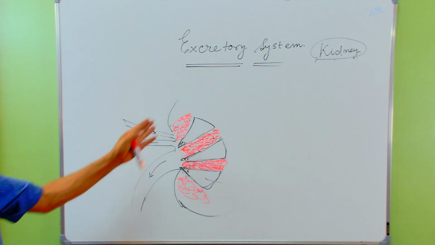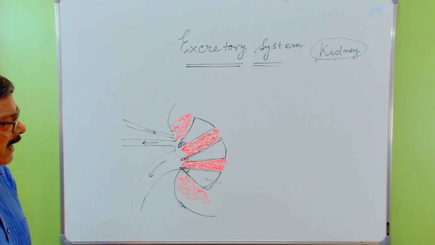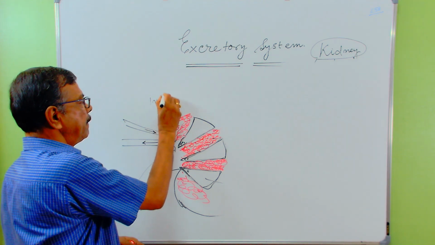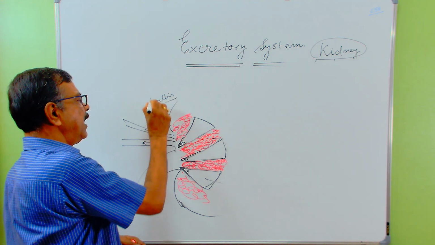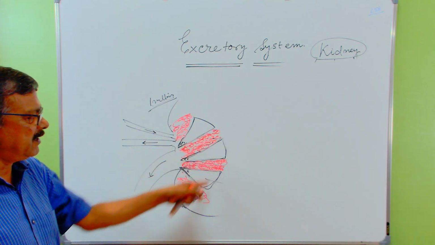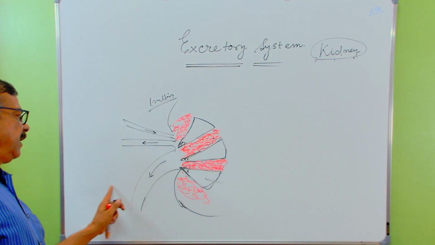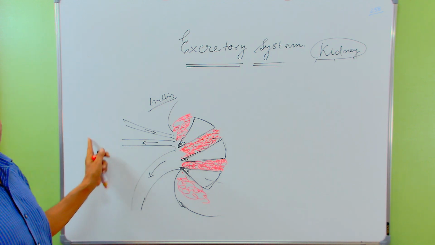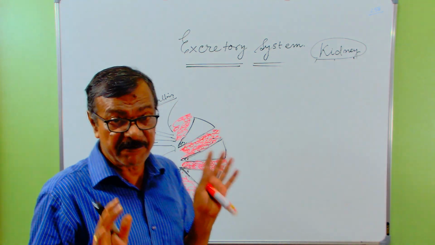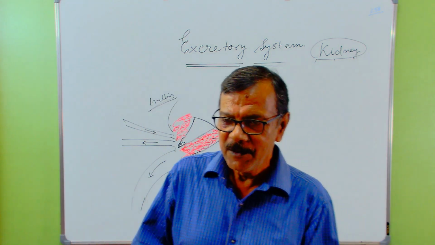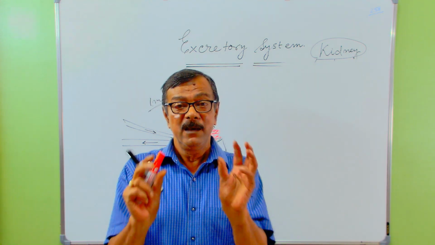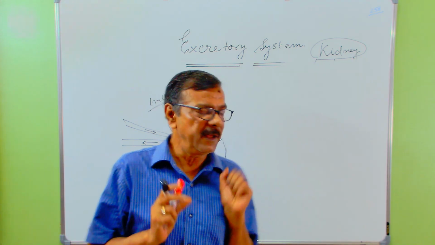Now each kidney is made up of how many nephrons? 1 million. 1 million nephrons in this kidney, and in this kidney there is another million. So you are the owner of 2 million nephrons, not rupees. So 2 to 2.5 million nephrons you have in both of your kidneys.